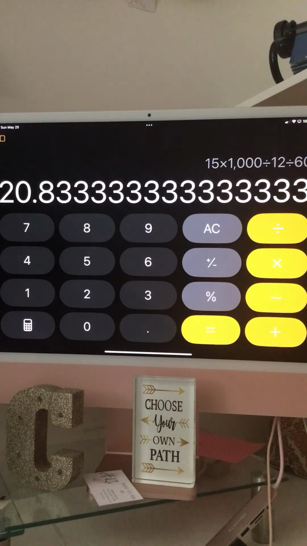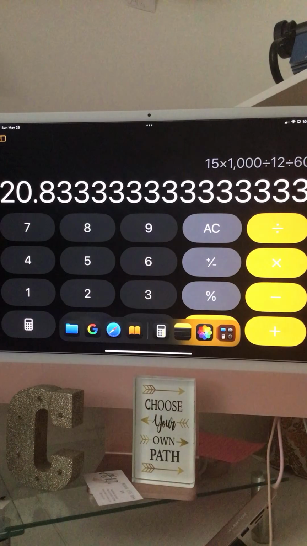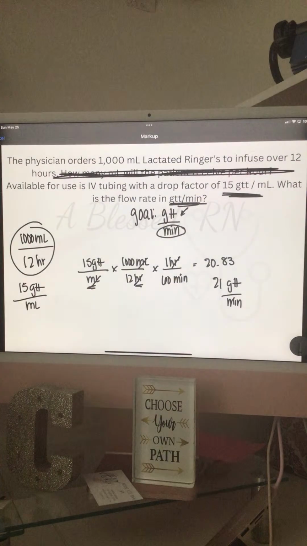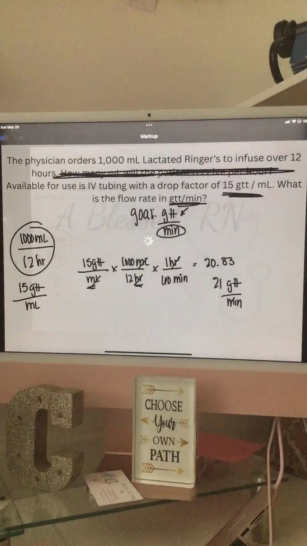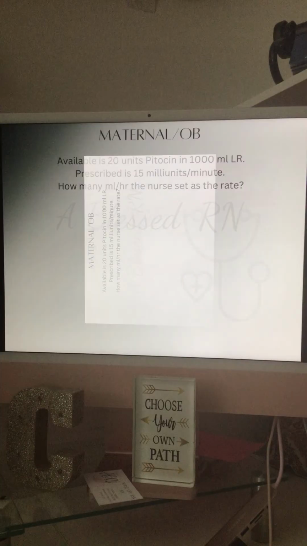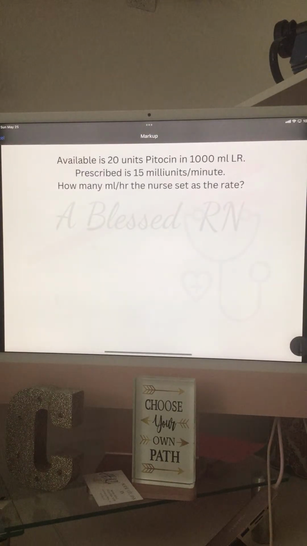It comes in real handy when you have those problems that are weight based and they get real long, and you know they go into the millions and you're like, oh my gosh, all these zeros. The more steps that you take, the more mistakes you are liable to make. So I like to make it short, sweet, and to the point.